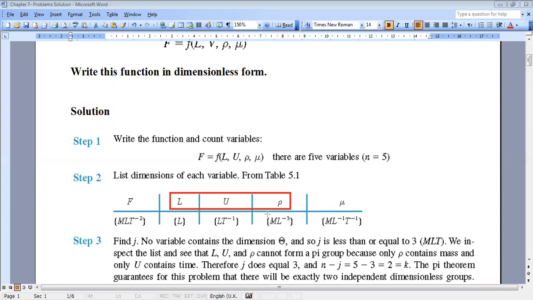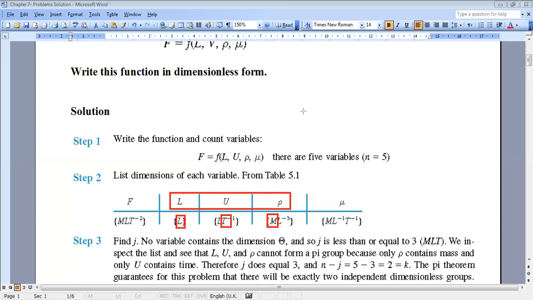Because M is only present in rho, so if you do any combination with U and L, you cannot cancel M. And T is only present in u, so with any combination of L and rho, I cannot cancel T. So if I take L with u and rho, I cannot form any group.